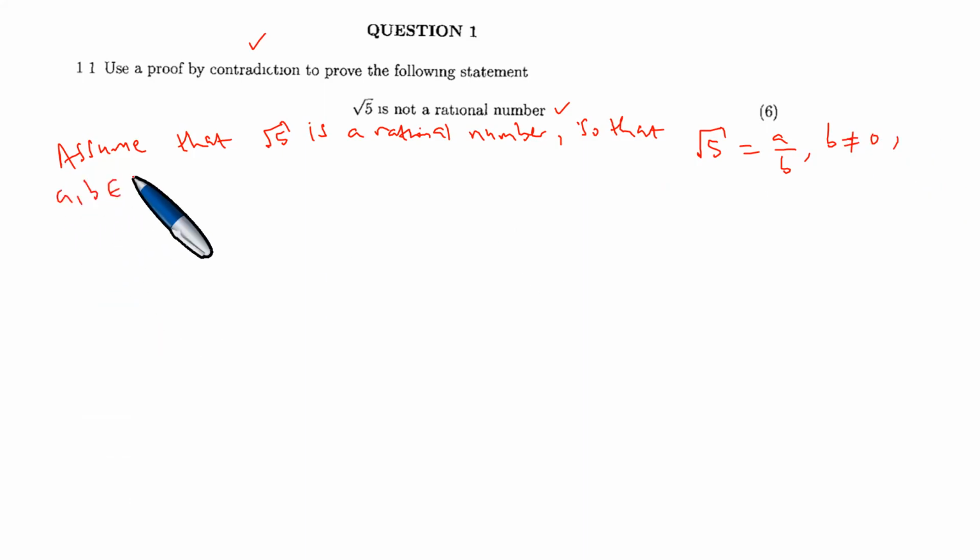A and b integers with a and b relatively prime.